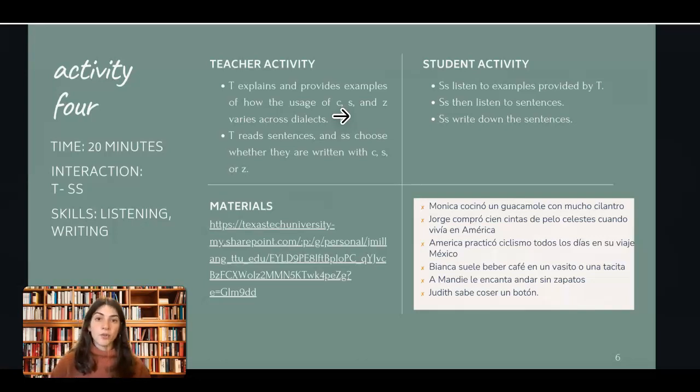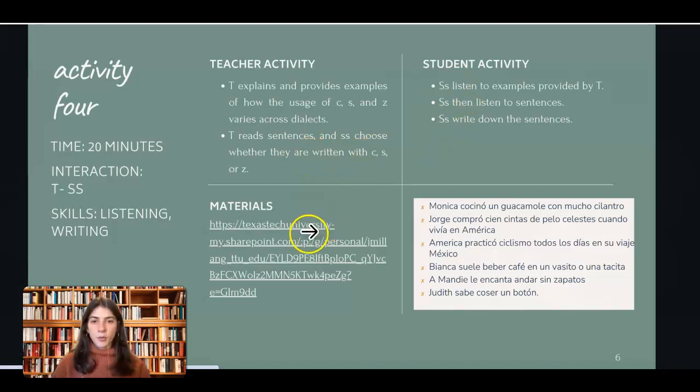But you have words that you write with C and others with S and others with Z. So it's important to know the orthography behind it, and it's important to know also that there is one dialect that differentiates in the pronunciation.